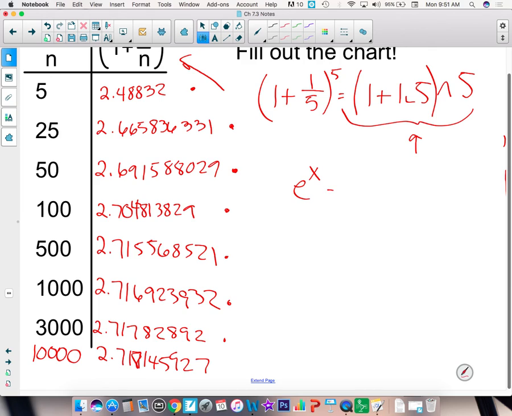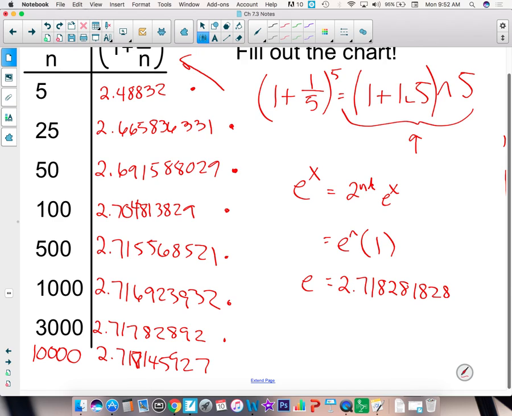If you press second and then that e to the x button, you get an e to the caret. Just put a 1 in there. We're doing e to the first power, and you should get about 2.718281828. That is the value of e.